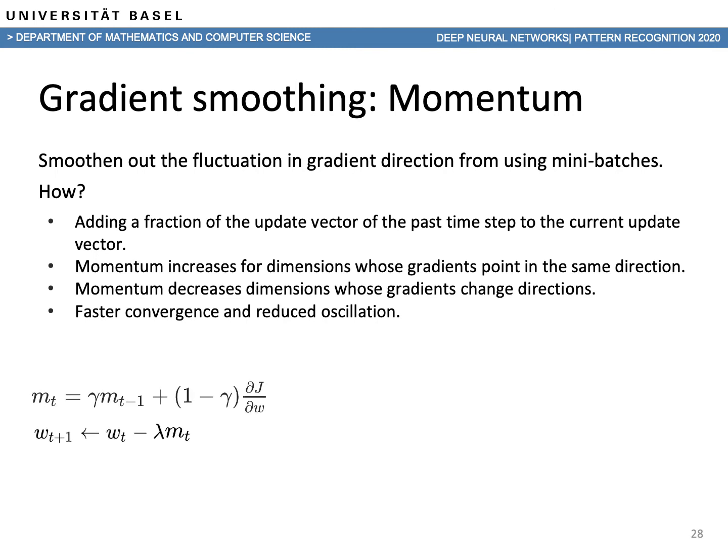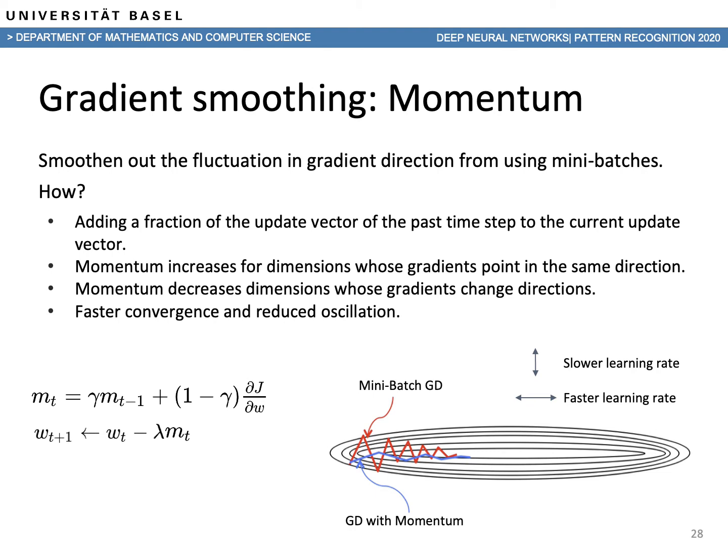So the formulation here for momentum, as we see, instead of just having the gradient here, we would instead have m_t, which takes gamma times the previous time steps and only adds a fraction from the current time step to our gradient computation.